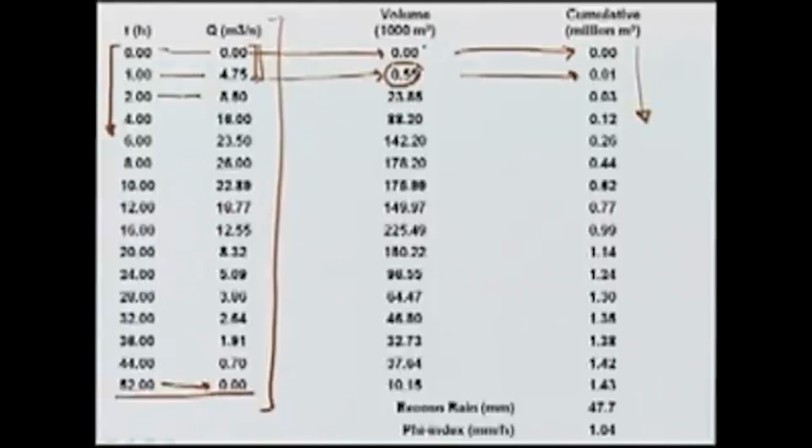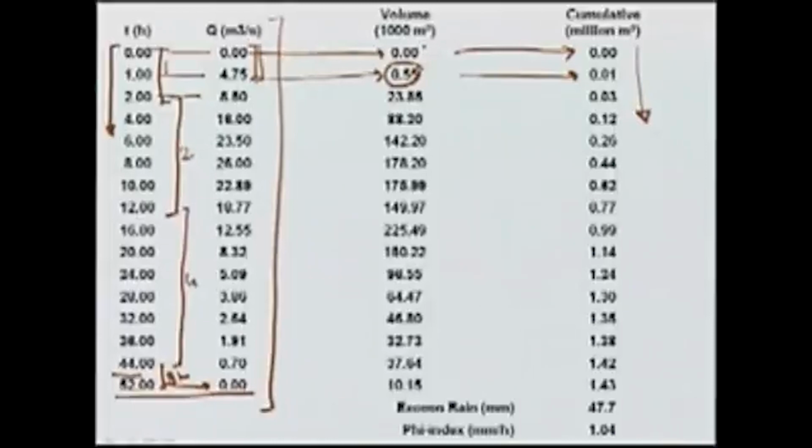So, doing this for each time step, you will notice here that the time steps are not uniform. Here we have 0, 1, 2, and then it becomes 4, 6, 8, 10, 12. So, we have a difference of 1 here, then 2, and then it becomes a difference of 4 up to here. Last point we can interpolate here, but in this case it is 8 hours. So, 8 hour difference, then this is 4 hours, 2 and 1.